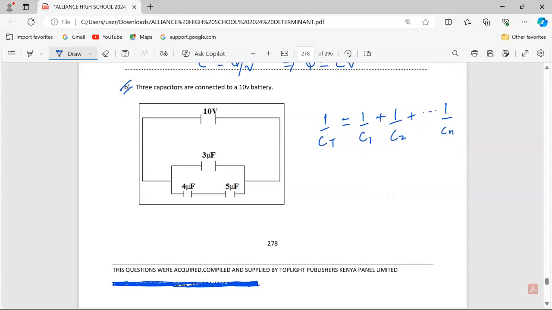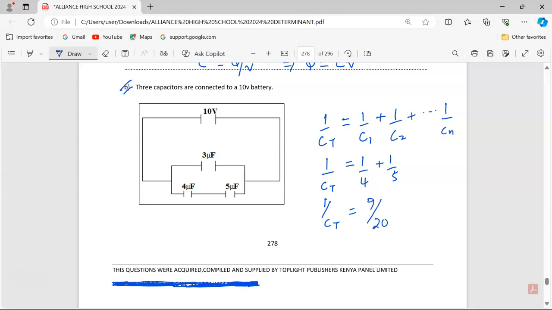But in our case, there are only 2. So 1 over C total will be 1 over 4 plus 1 over 5. Let me compute this: 1 over 4 plus 1 over 5 gives us 9 over 20.